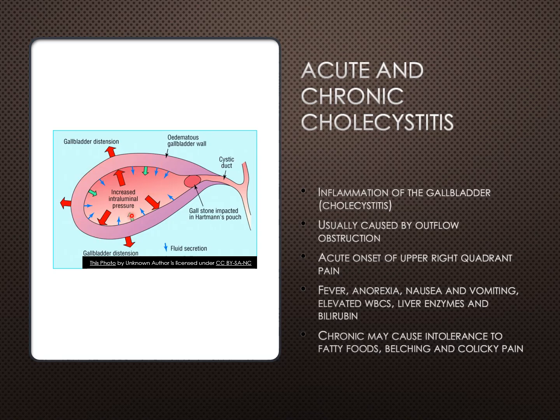And so remember that the gallbladder is a muscular structure that is built to squeeze bile out in response to food. But now we've got this obstruction, and so we're getting this significant increase in pressure within that lumen of the gallbladder. It becomes really distended.